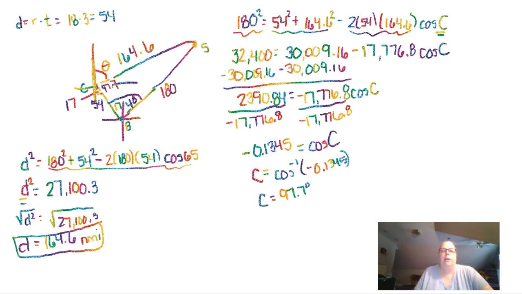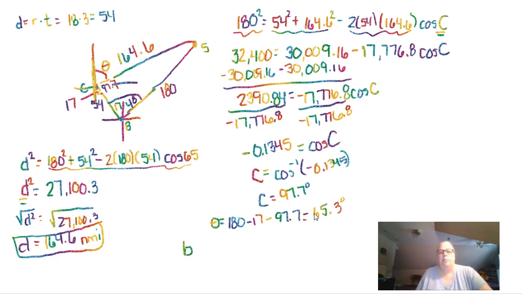Now all I need to do is figure out this angle right here, and then I can tell what the bearing is. Because it's a straight angle, these three angles should add up to 180 degrees. So angle theta is equal to 180 minus 17 minus 97.7, and that gives me 65.3 degrees.